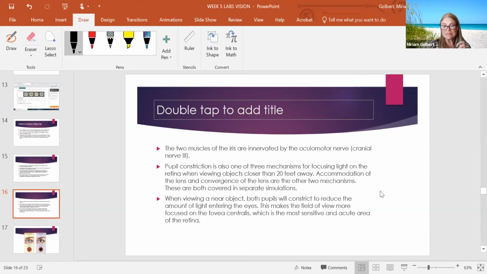Fovea centralis is a little bit away from the optic nerve area, and that's where your photoreceptors are the most sensitive. So in order to really see well and sharp, we have to do both. We have to do accommodation, which was our lens, and also the pupillary constriction or dilation, allowing for more or less light to come in.